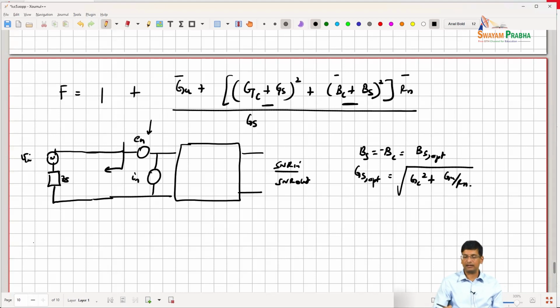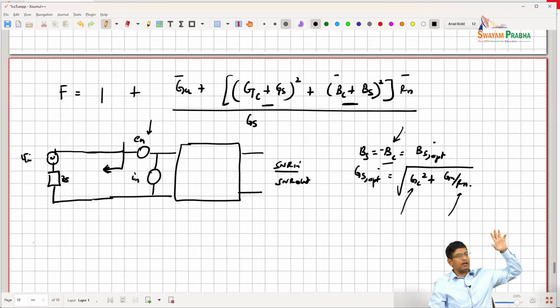So I'm getting an optimum source impedance that I want to see, and this source impedance is completely dependent upon my noise parameters, right? It depends upon what Bc is and Gc, Gu, Rn are, which are all coming from the equivalent resistances of my noise model.